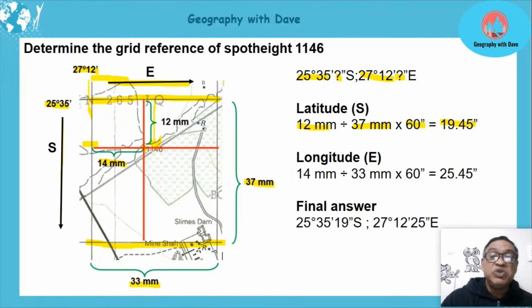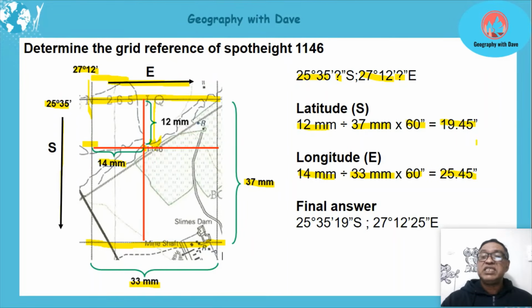So what do we do now? We take the 14 millimeters, which is the distance here, and divide by the 33 to get the point of a minute. Then we multiply it by 60 seconds to convert it to seconds. And here we are converted to seconds.